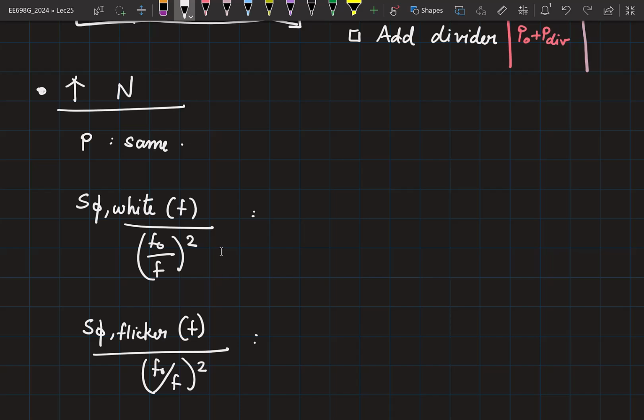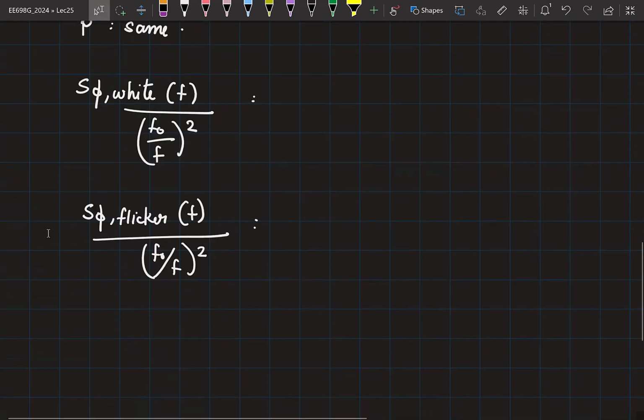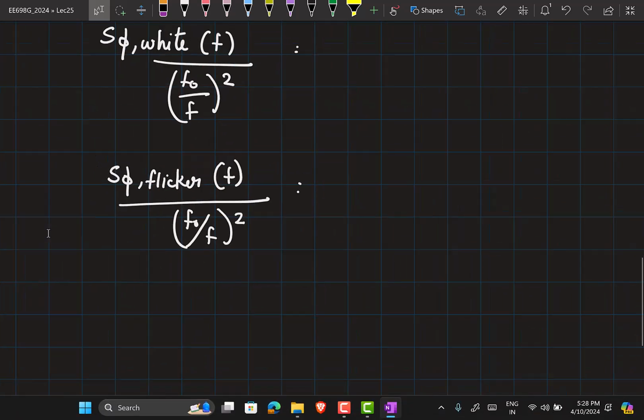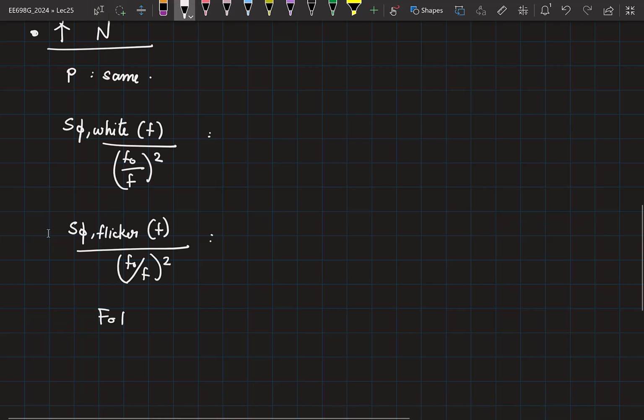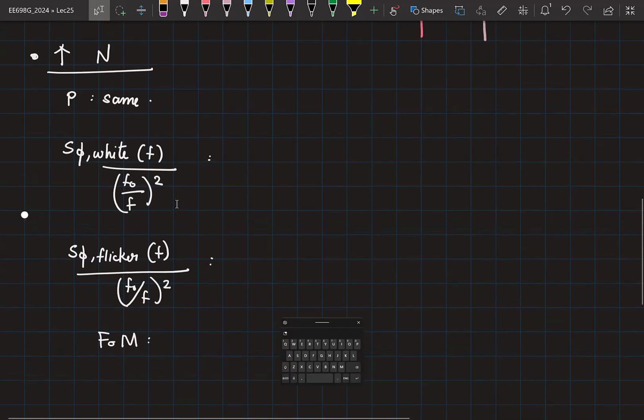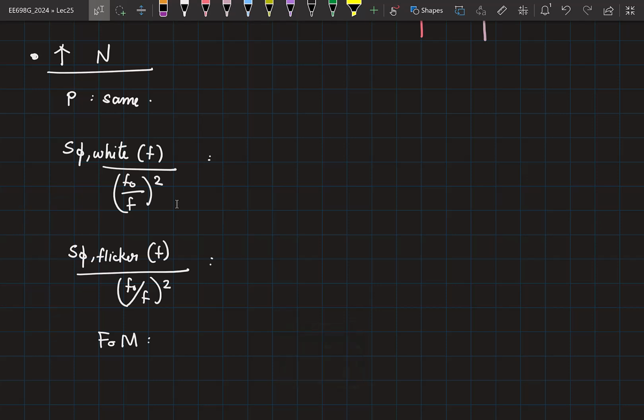Once you know these two, you will be able to comment about the FOM. So now that you have two profiles for the phase noise, you can tell me whether the FOM is increasing for close-in frequencies or far-out frequencies.